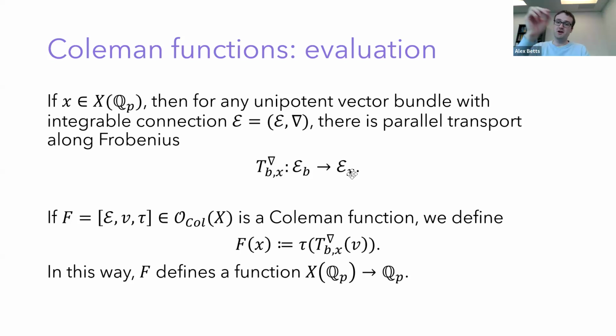And then if I apply my functional, that gives me a point in the fiber of O_X at my point x, and the fiber of the structure sheaf is just Q_p. So this gives me a genuine element of Q_p attached to my point x. And this is how we view abstract Coleman functions as bona fide functions on X.